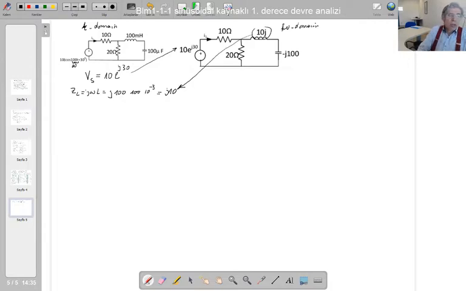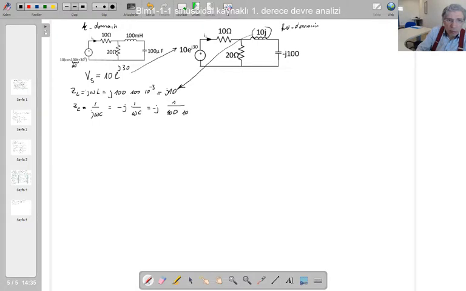This is the inductor's impedance. What about the capacitor impedance? It is ZC equal to 1 over j omega C, and if we move that j upwards, it is minus j times 1 over omega C. So minus j 1 over omega, which was 100, times C, which is 100 microfarad.